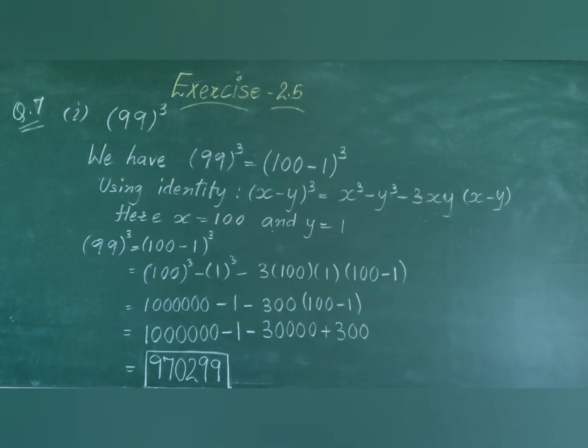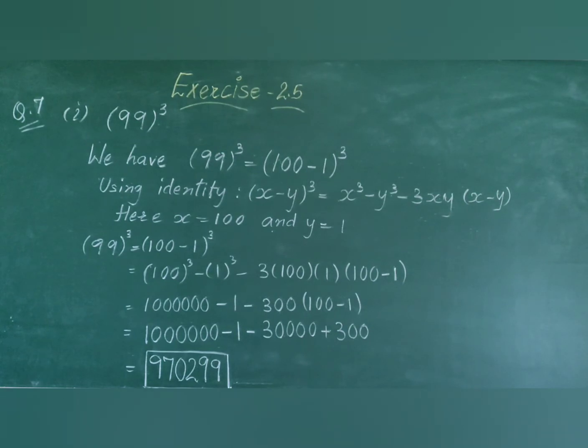So we have 99 cube, we can write as (100 minus 1) whole cube also, because we round up the 99 to the nearest tens, hundreds or thousands values. So it is better, in an easy way we can do that thing. So 99 can be written as 100 minus 1. So we get 99 cube equal to (100 minus 1) whole cube.